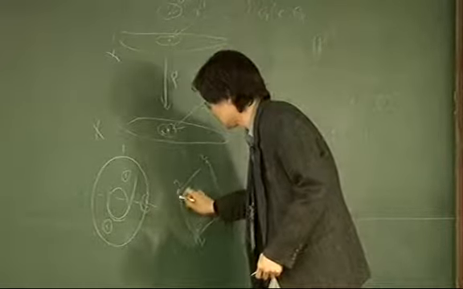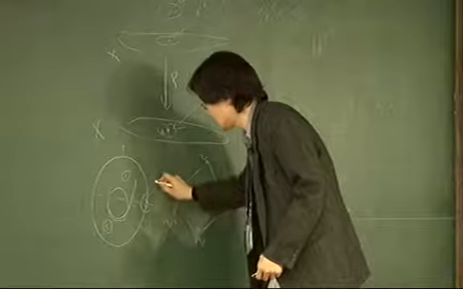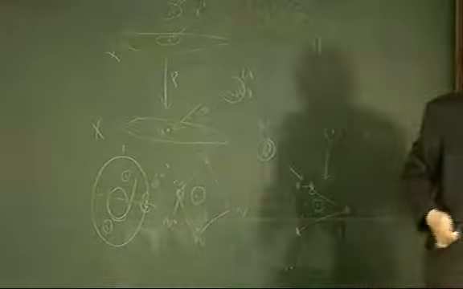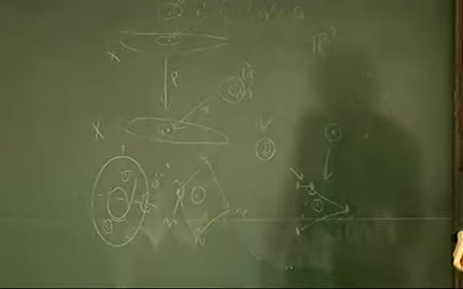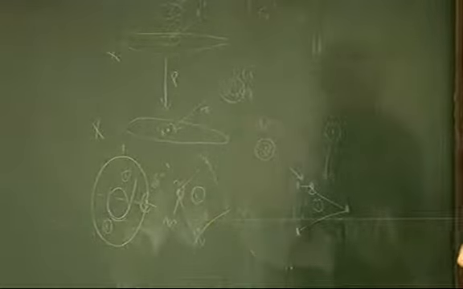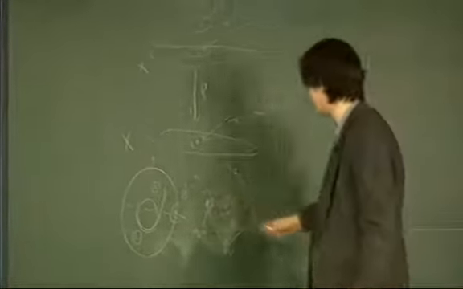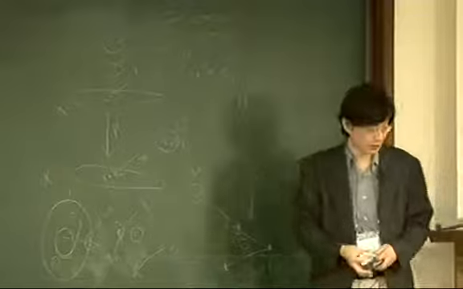This has G2 as a singularity, but the group G prime is 1 here. So that's an example of a covering space. This is a finite covering, and this will be an infinite covering here. Right.